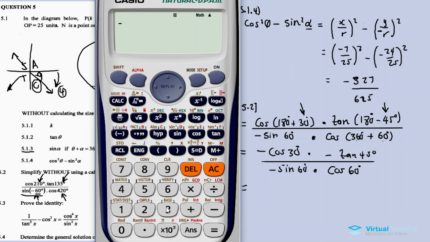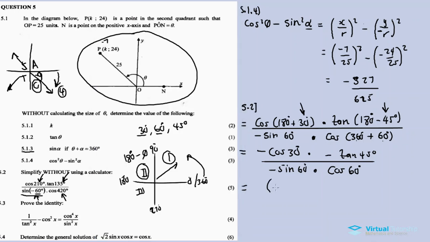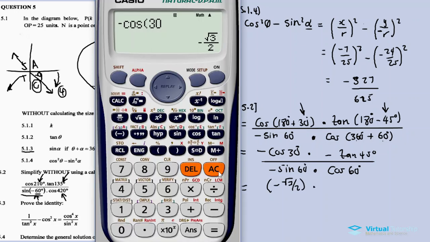Negative cos 30 degrees, the answer is negative square root 3 over 2 times negative tan 45 degrees, equal to negative 1.